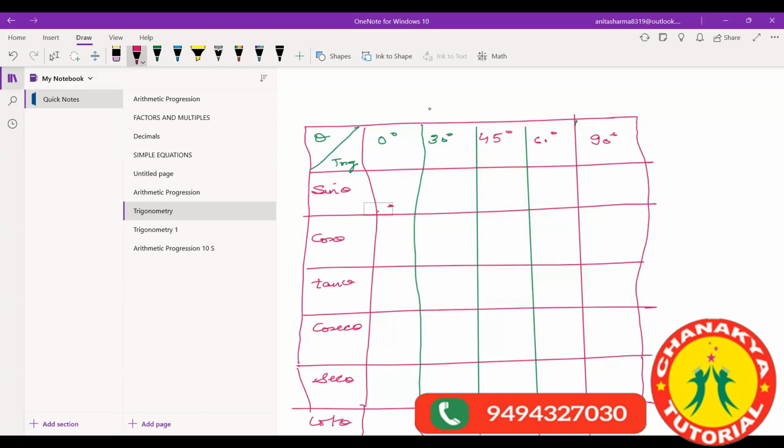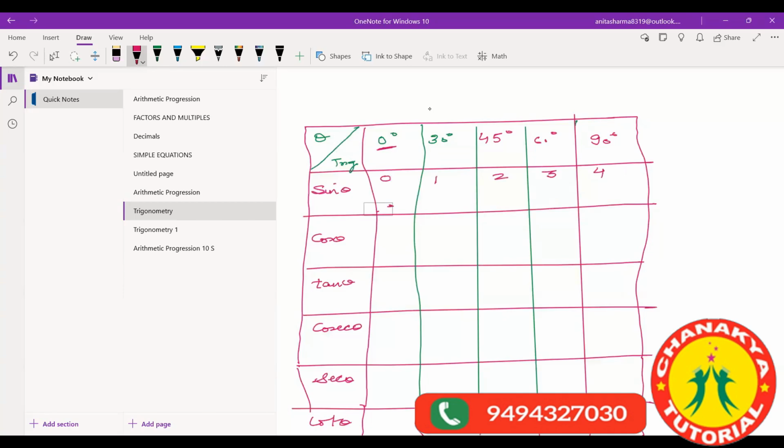Speak, children. Yes, ma'am. Okay, beta Dhriti, now see. We have started the angle with 0, so you will start with 0. You will write here 0, 1, 2, 3, 4.